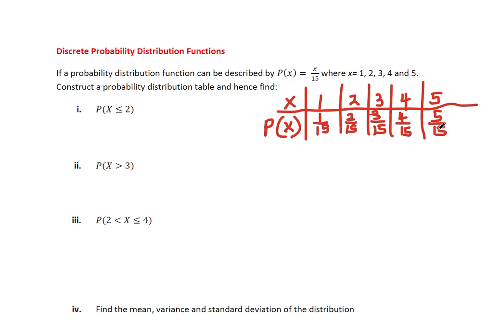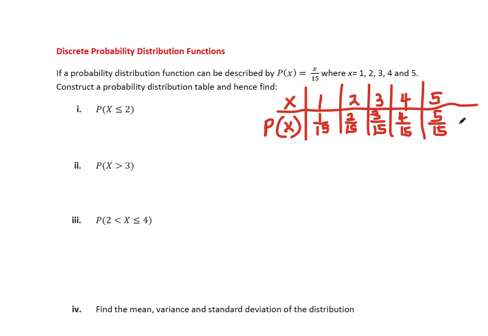The simple way to add up all of these probabilities, if you wanted to prove this, is to simply add the numerator values. Because we have a common denominator of 15, we could just add the numerator values, which are 1 plus 2, which is 3, plus 3, which is 6, plus 4, which is 10, plus 5, which is 15.